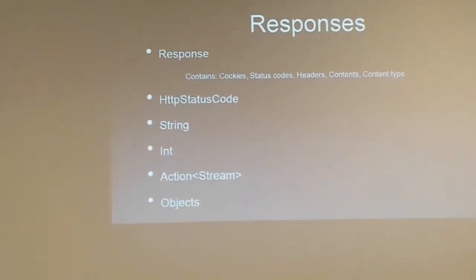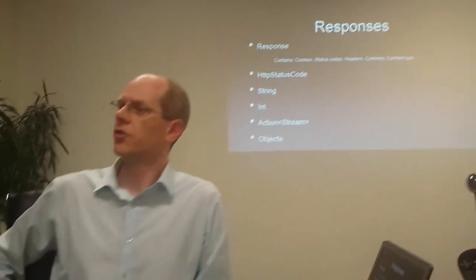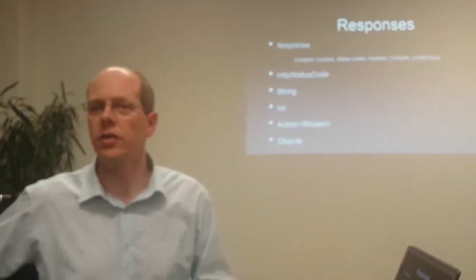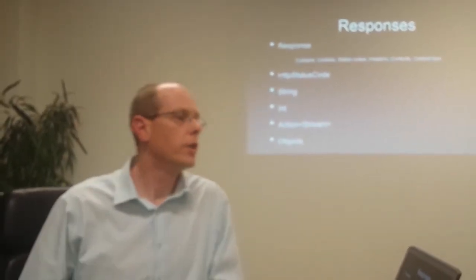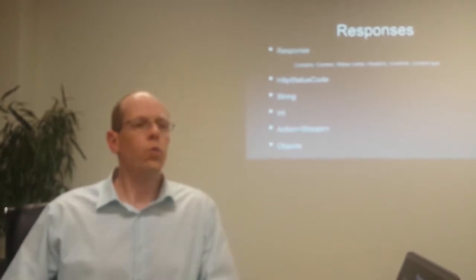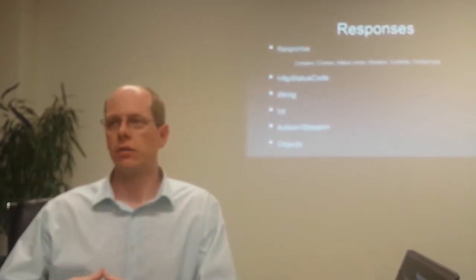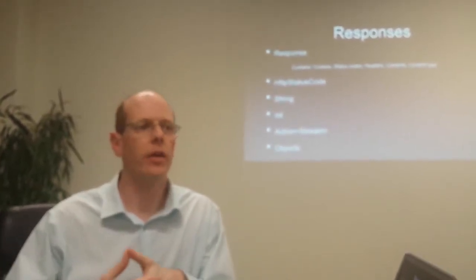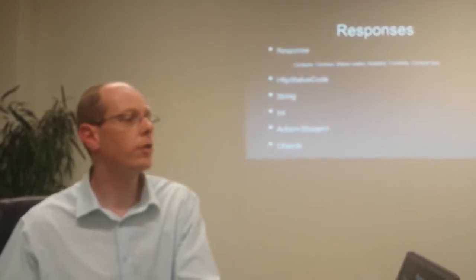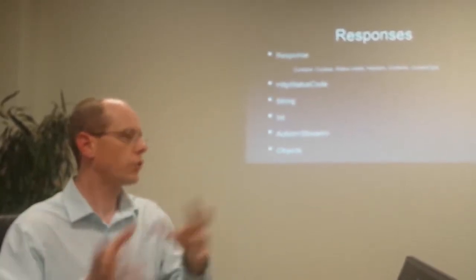Okay, what about responses? So at the moment I've returned a bunch of strings. Not very exciting. Obviously we don't want to return strings all the time. What Nancy wants is a response object. That's what it's after. It will implicitly try and convert certain objects to a response object.